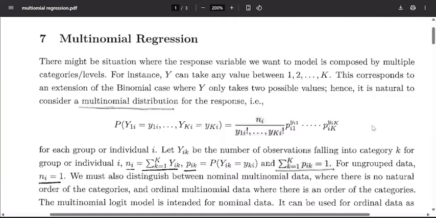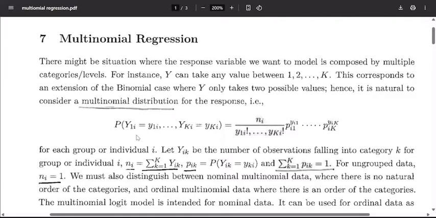In binary logistic regression, the underlying distribution was binomial because we use binomial to model events with two possible outcomes. But where there are more than two possible outcomes, we should be talking about the multinomial distribution.